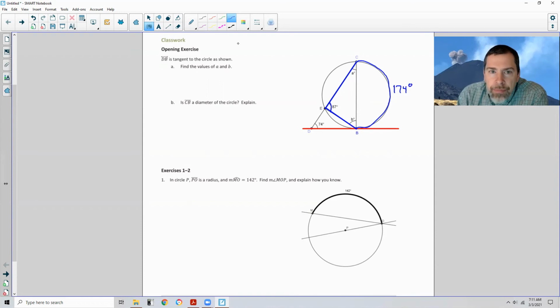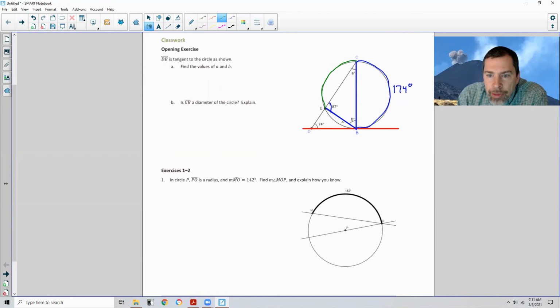Okay. Now I'm going to shift my attention to this angle. Angle B is on the circle. Angle CBE is on the circle now. It starts at C and intercepts the arc CE. So angle B intercepts CE.